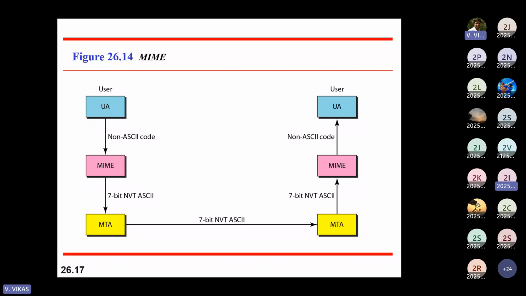And we have MIME, which sits in between and takes care of converting from one form of information to another. Why do you need that? Any idea? For security reasons, sir. Not exactly. Anyway, this is Multipurpose Internet Mail Extension.